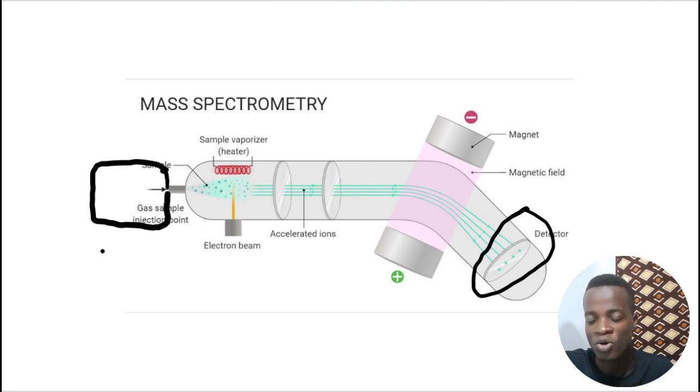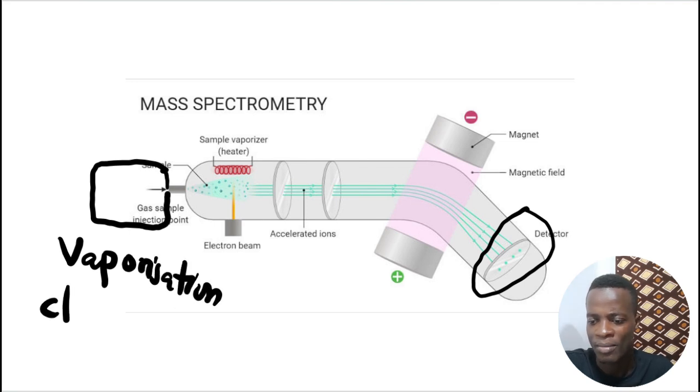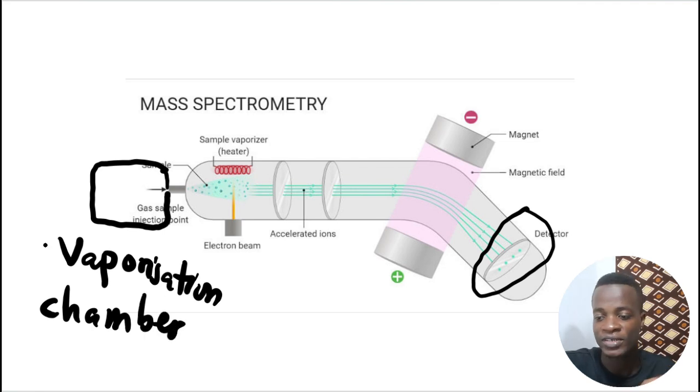This particular thing, we call it the vaporization chamber. So the very first thing is the vaporization chamber. Don't mind my handwriting. Vaporization chamber, that's the very first chamber here. That's the chamber that changes the sample. Whether the sample is usually in powder form, liquid form, or solid form, this chamber will be able to turn it into vapor.